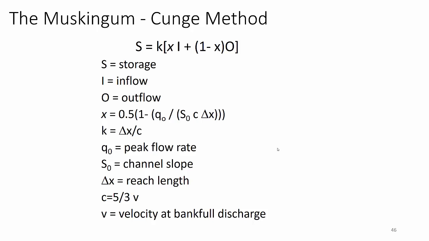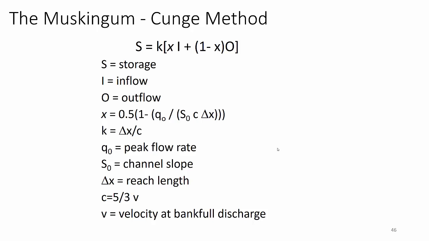So you need reach length, channel slope, and peak flow rate to calculate X. By the way, that X is different than delta X, which is the reach length. So I tried to italicize this X, so don't confuse the first X with delta X. I didn't get it italicized.